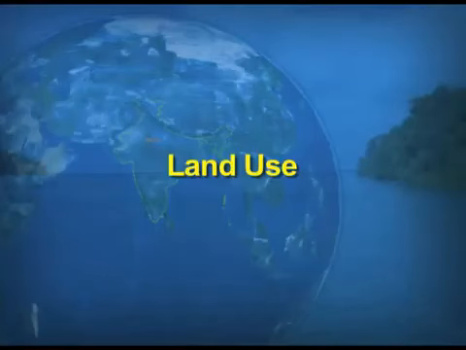So first we talk about what different purposes the land is being used for in India. So the question is, what do we understand by the word land use? Dear children, the variety of purposes for which the land is used is known as land use.